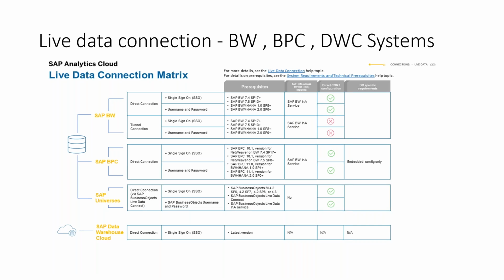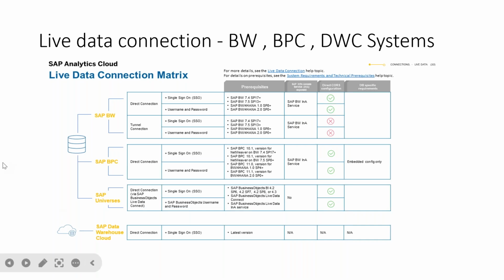If it's a cloud edition, like HANA cloud editions, it's a very simple process, guys. Cost configuration is not a big process. So this is how you make a live connection.